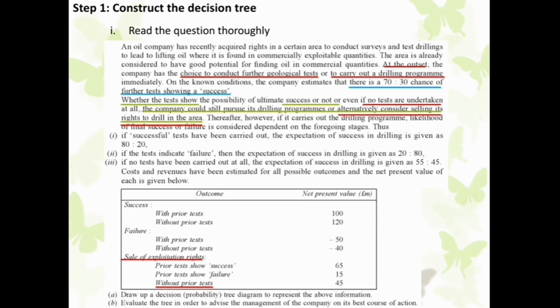So whether the tests turn out to be positive or negative, the company has two options before it. One is it can continue with the drilling operation, or it can sell its drilling right to some other company. So those are the two options available, regardless of the outcome of the testing.